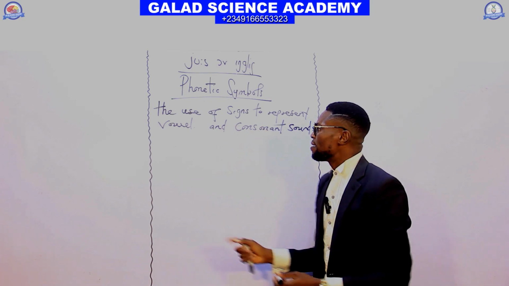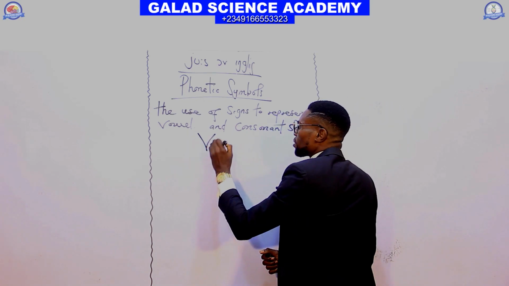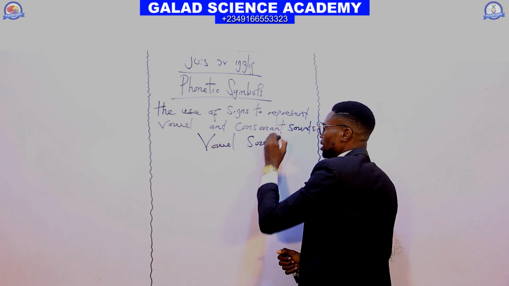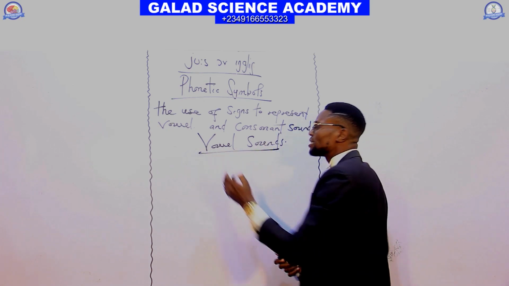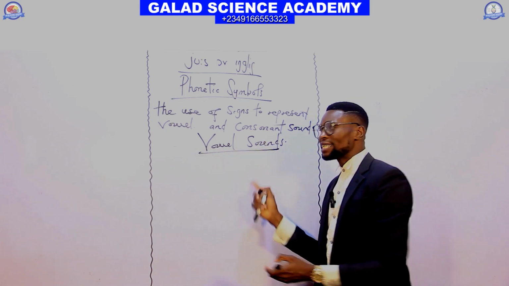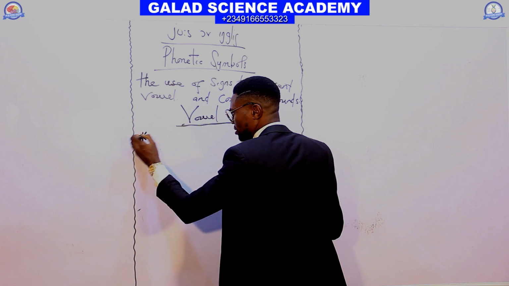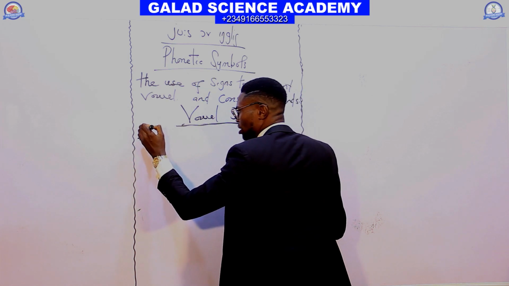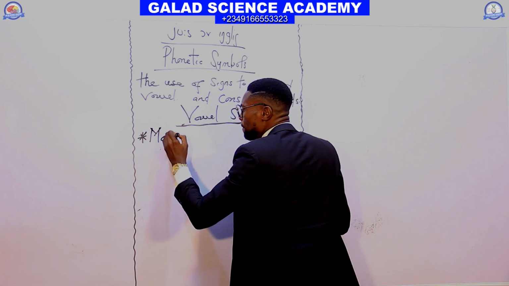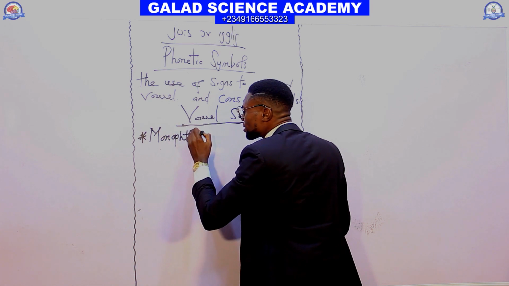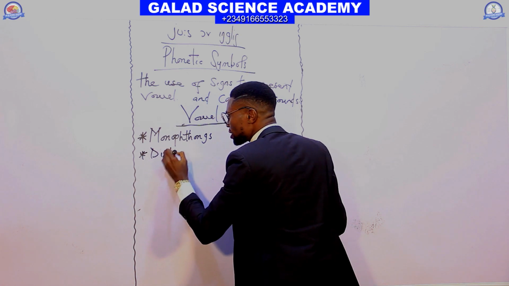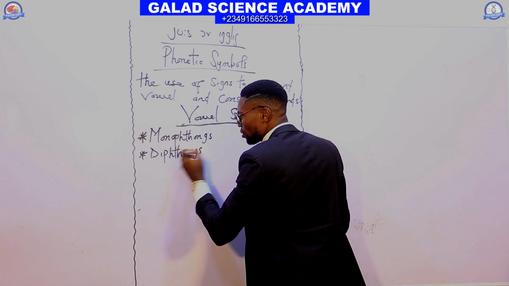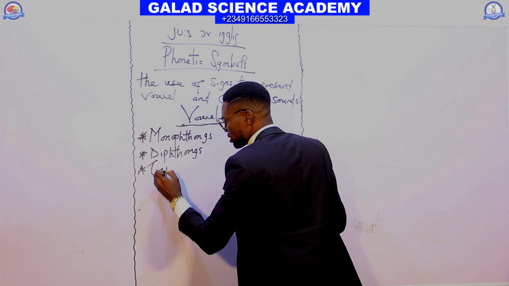Now, if we are to talk about vowel sounds, it is important we take note that there is a difference between vowel sounds. There are three types, which include monophthongs, diphthongs, and triphthongs.